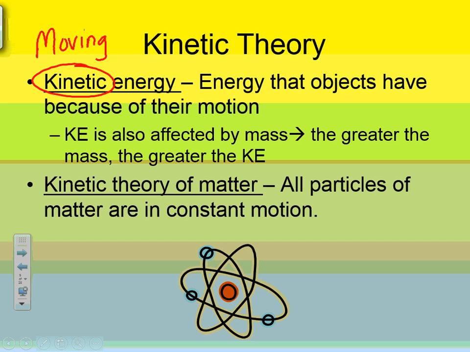So then, what does the kinetic theory mean? The kinetic theory means all particles of matter, whether they're in solid, liquid, or gas form, are always in constant motion. So molecules are always moving. The kinetic theory of matter is that molecules are always moving.